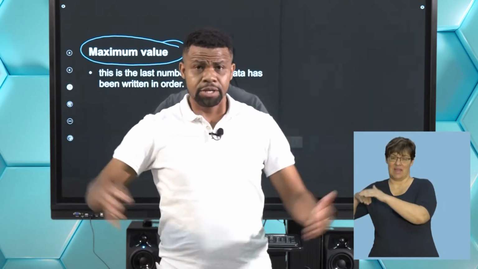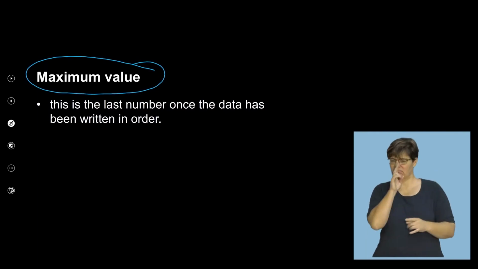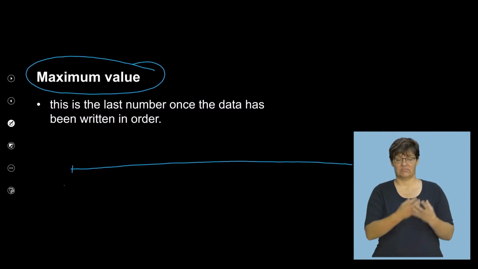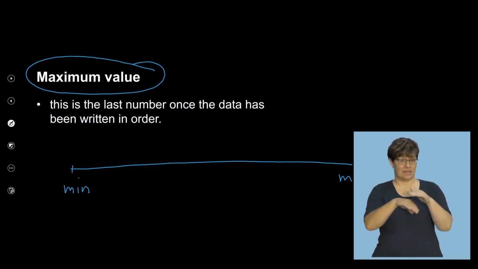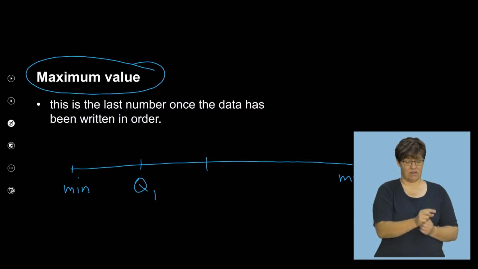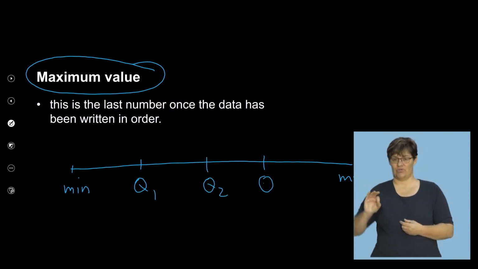Okay, so let's look at this 5-number summary. I'm going to try and draw this for you. So we have a minimum, min for minimum, then we have the maximum there, then we'll have Q1, which is the lower quartile, Q2, and Q3, which is the upper quartile.